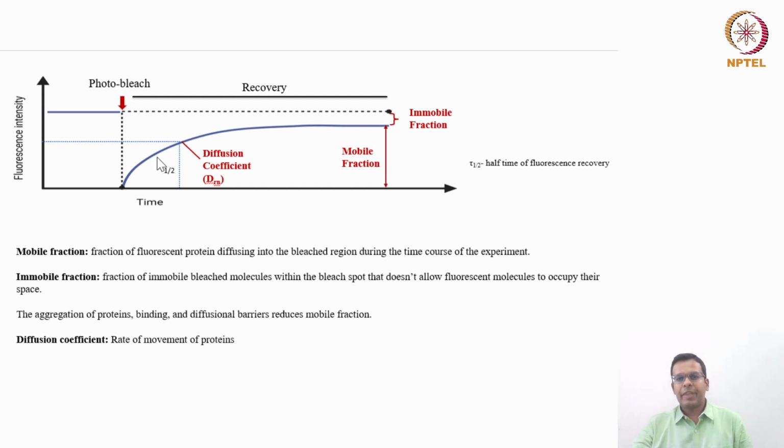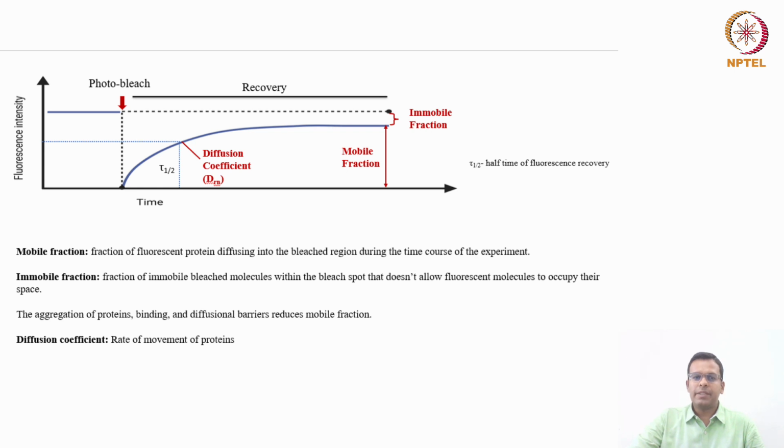So see, here you can see that in this recovery, you will never see the recovery back to 100% of the original fluorescence intensity. The original fluorescence intensity was at this level, and when you see the recovery after photo-bleaching, it will never reach this stage, because there is some immobile fraction of molecules present at that location.